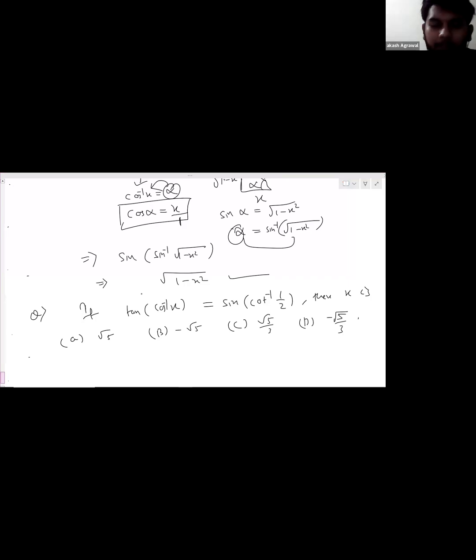What is the first step here? We should find x and convert it into tan inverse. Very good. And this side, the RHS? The same, we should convert to sin inverse. Very good.